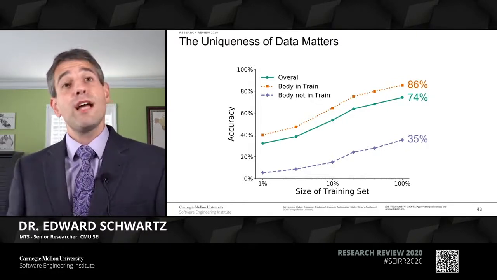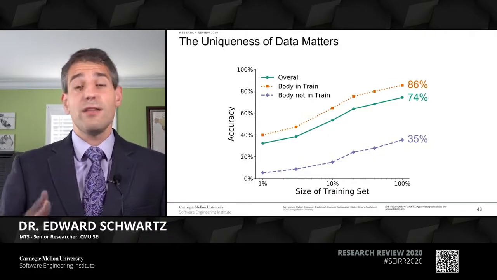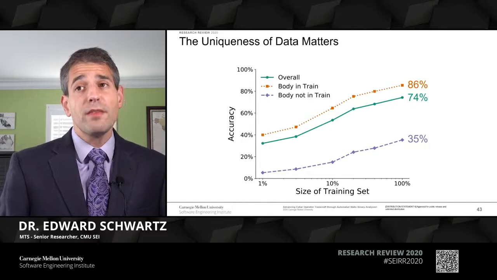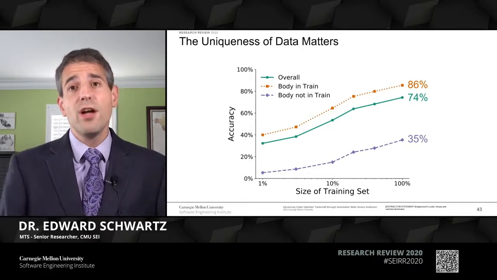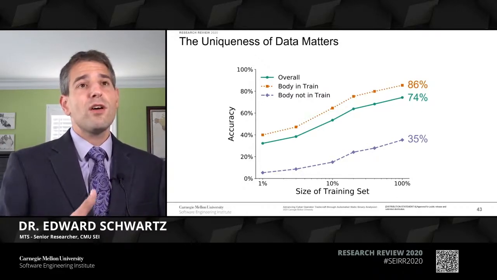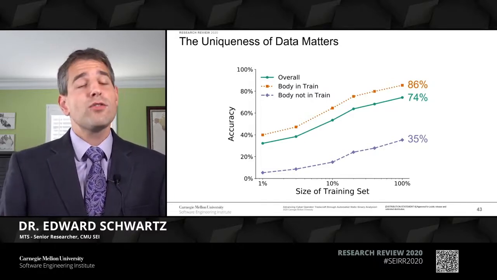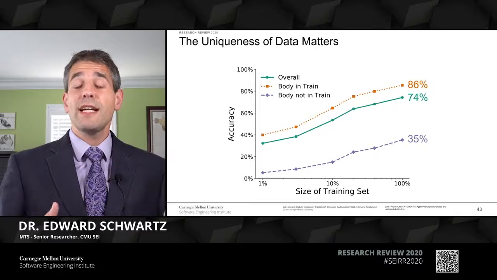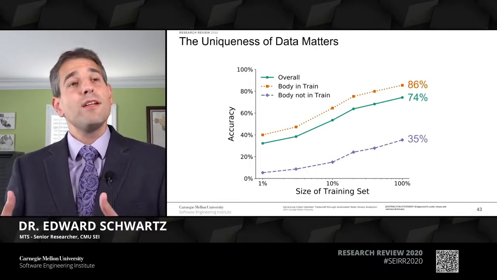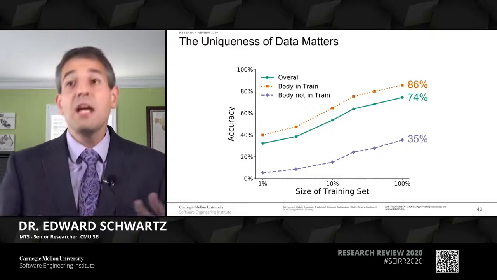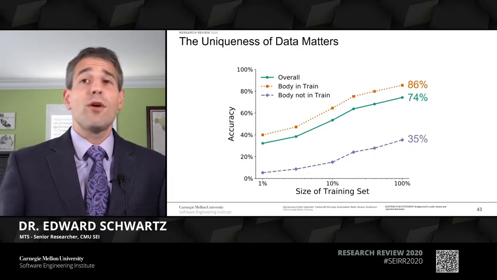It could be because libraries get linked in to the executable, or it could be because code is copied from one project to another. So we observed this in our corpus because we saw the same functions occurring in multiple executables. And so because of the way that we split our training and testing sets, sometimes that means that a function could occur in both the training set and the testing set. And that's something that obviously affects our overall accuracy.